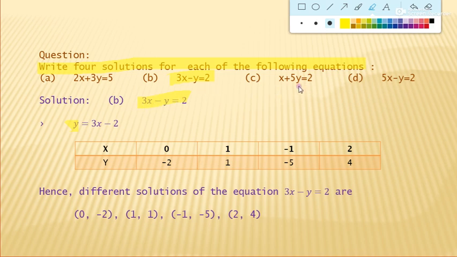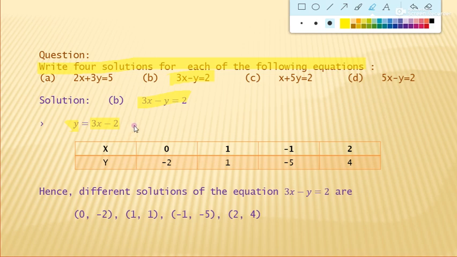Whenever you find the zeros of an equation, you write it in terms of a single variable. Here I am transposing minus y from left to right, so y is equal to 3x minus 2.